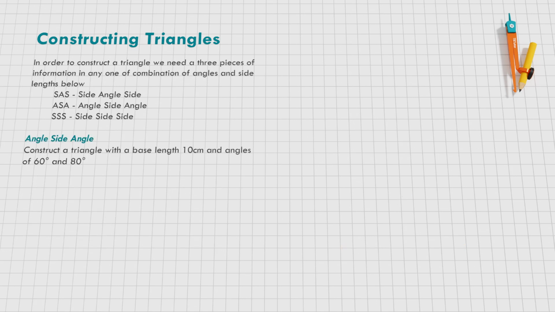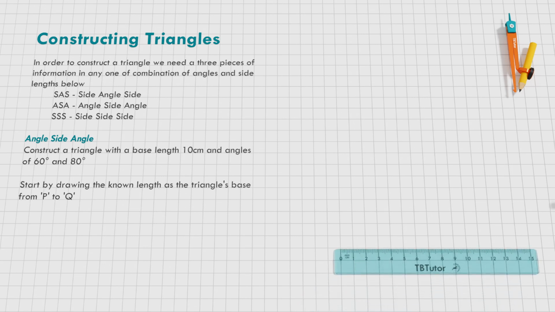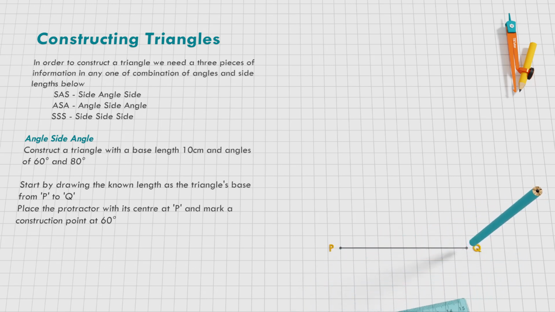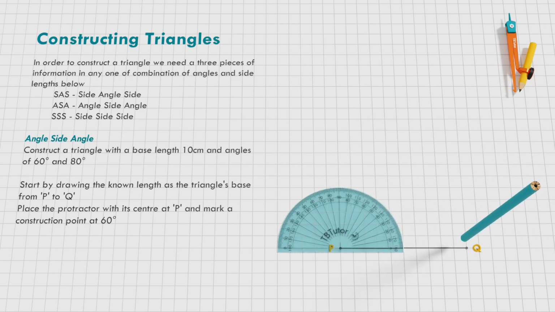Construct a triangle with a base length 10 cm and angles of 60 degrees and 80 degrees. Start by drawing the known length as the triangle's base from P to Q. Place the protractor with its center at P and mark a construction point at 60 degrees.